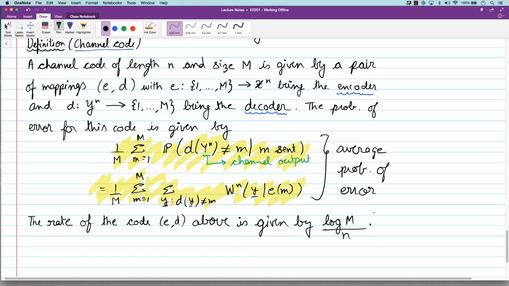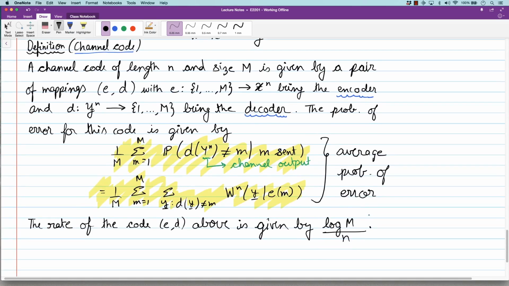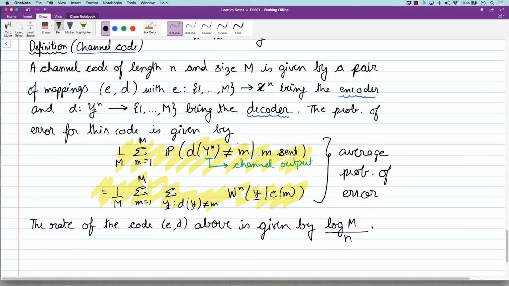So when you look at some standard like Wi-Fi or LTE, it talks about the MCS, the modulation and coding scheme, and that is described by two things: the modulation scheme used, which can be something like a 64 QAM or a 16 QAM, and the rate of the code used, which will be something like half. That rate refers to this ratio: the number of message bits the code sends per channel use. So we are interested in maximizing the rate of the code.